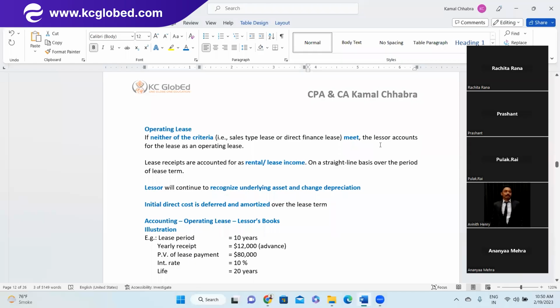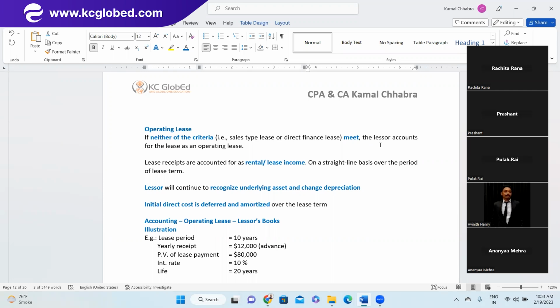So let's jump into the third topic, which is operating lease in the books of lessor. If neither of the criteria, that means neither sales type lease nor direct finance lease, is met, then the lessor accounts for that lease as an operating lease.